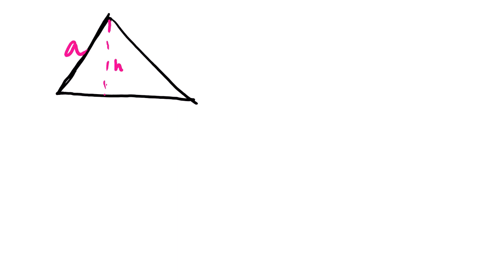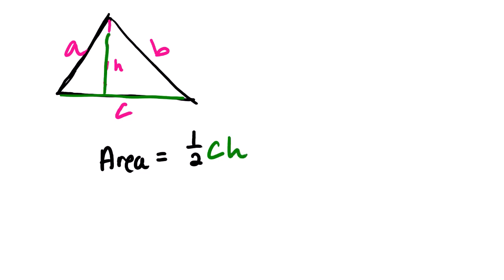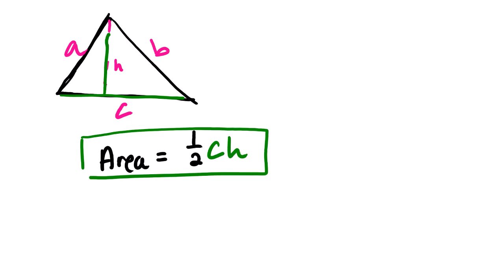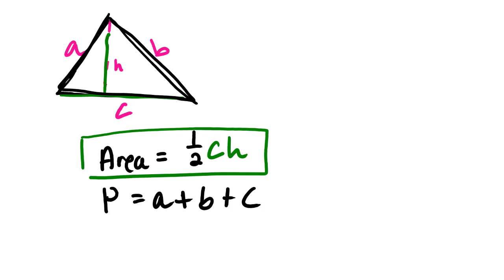You can say these are sides A, B, C. Now to calculate the area of this, we are going to use this equation: simply half base, which is the side C, multiplied by height, which is H. And then to find the perimeter, we are going to take simply the sum of the sides, A plus B plus C.